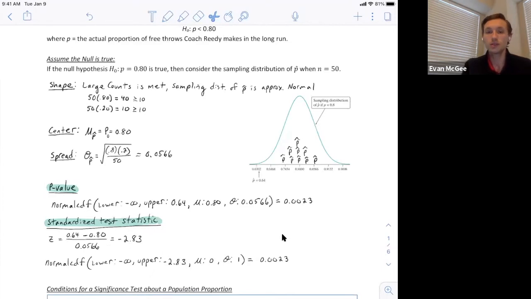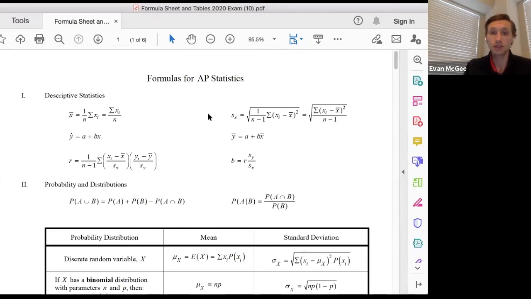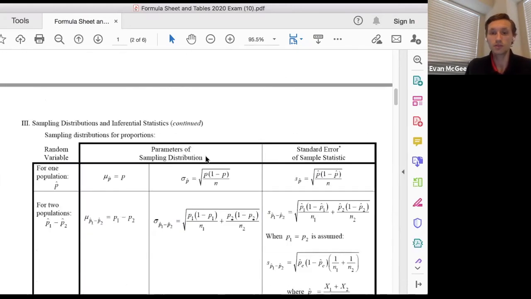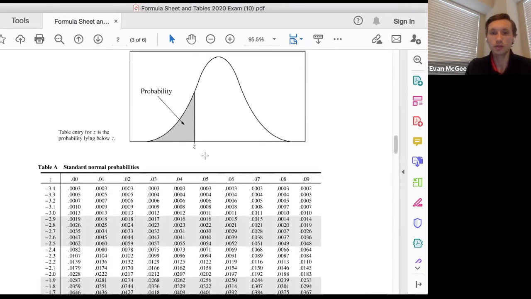The last way you can use the test statistic to find the probability, or the p-value, is using table A. I'll run through that real quick with you, just as a refresher, in case it's mentioned somewhere along the future for you. To find table A, it's in the formula chart for AP Stats, which is on Canvas. You scroll down to, I think, the third page.